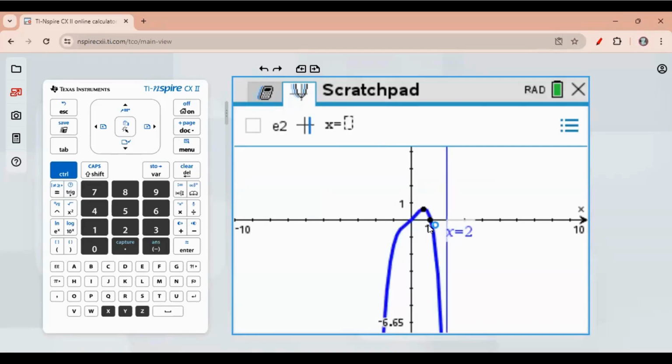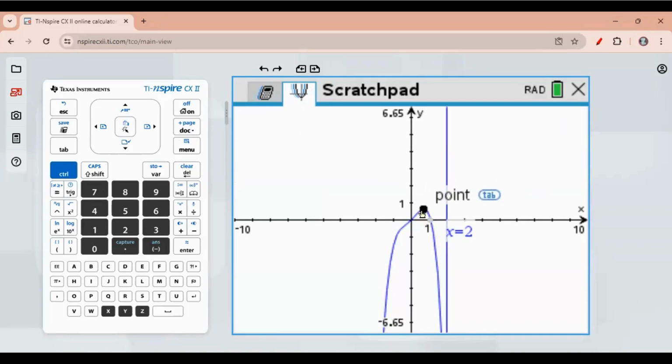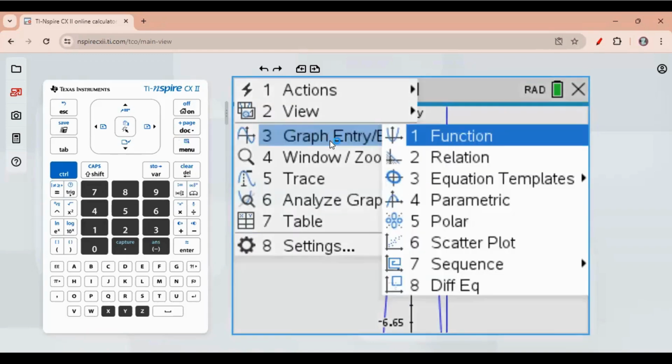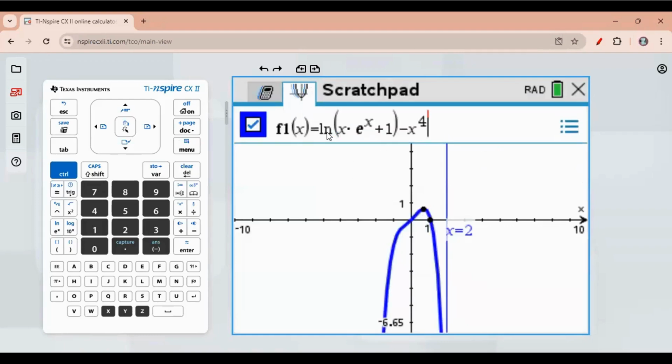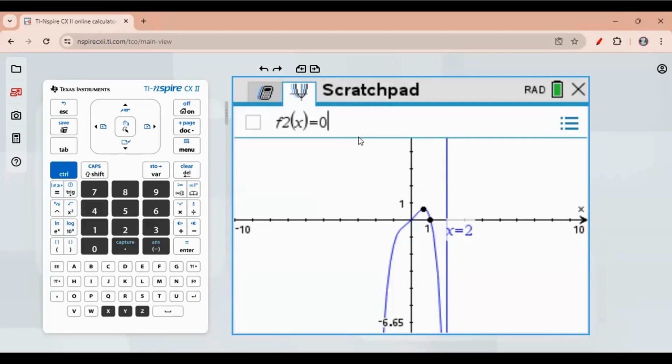And that's it, so you got x equals 2. Now here one is missing, f2 of x is missing. So f1 of x, f2 of x is actually 0, and x equals 2 all came into the picture. Now you can see the area bounded by this.